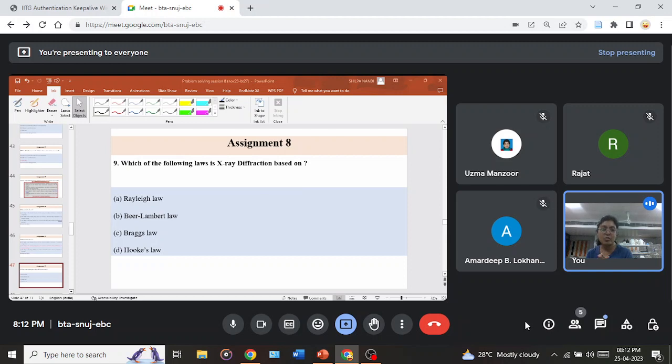Yes, it is good if you know the correct answer, Bragg's law of diffraction. Yes, I get it. So what about B and D, that is Beer-Lambert law and Hooke's law? Do you have any idea about it?